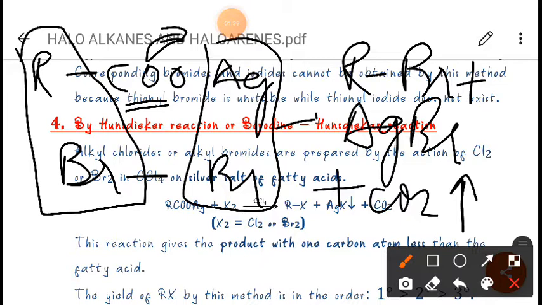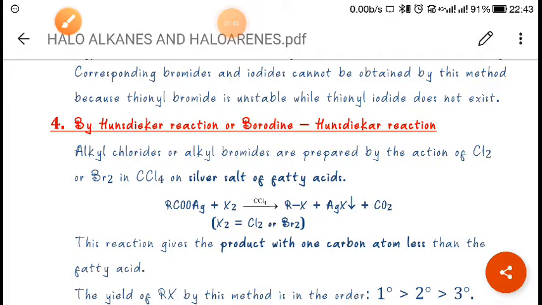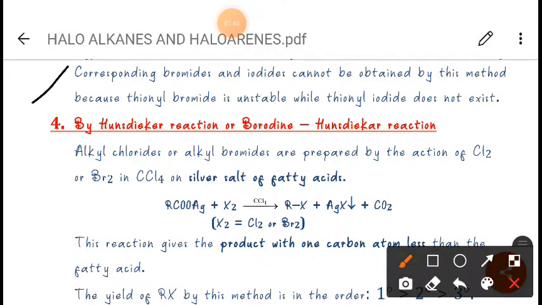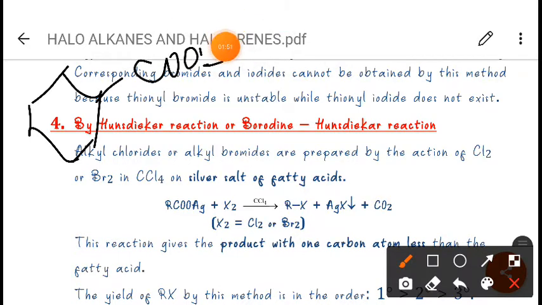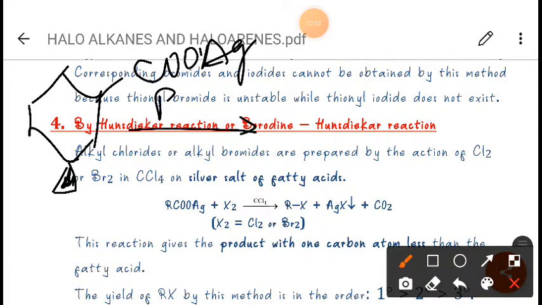I will give one more example. Suppose we have a benzene ring, and in this benzene ring we have COOAg attached, and suppose there is a substituent here like this. What will happen if we supply Br2 here?